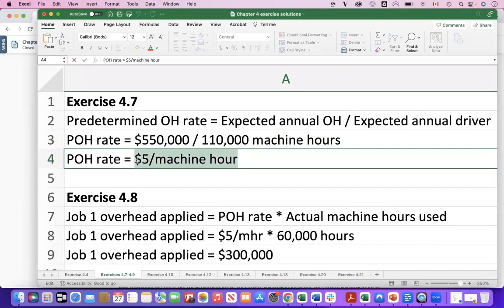So what does that number mean? Every machine hour incurred on a job or product, we assume that job or product incurs $5 in manufacturing overhead, and therefore we're going to apply that amount to it. For every hour that's used, we're going to apply $5 in overhead.